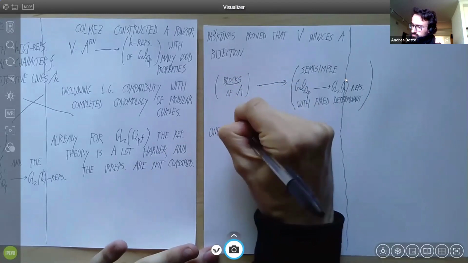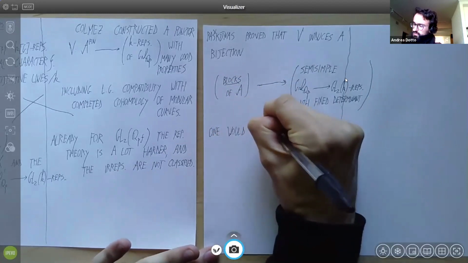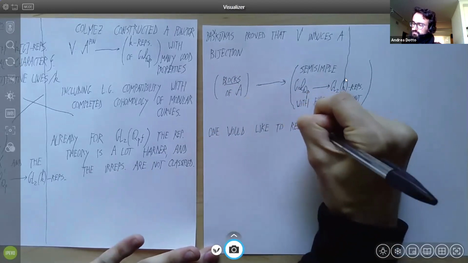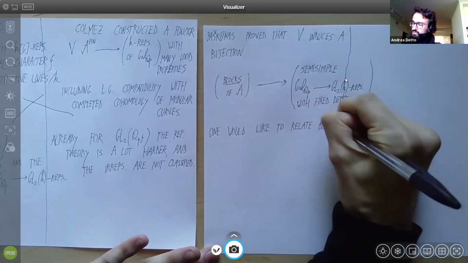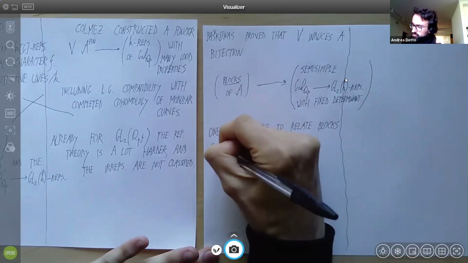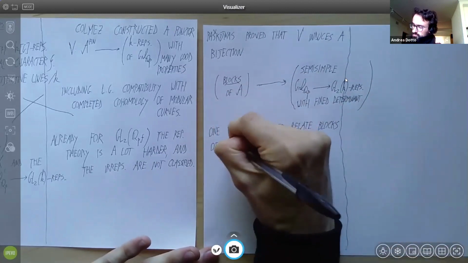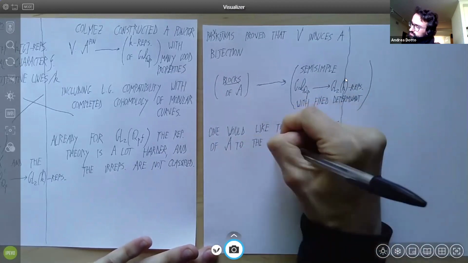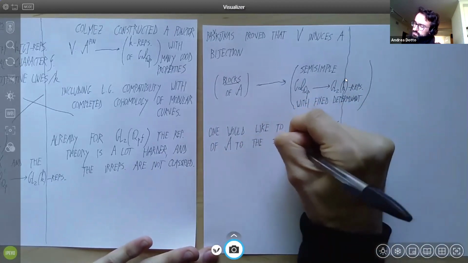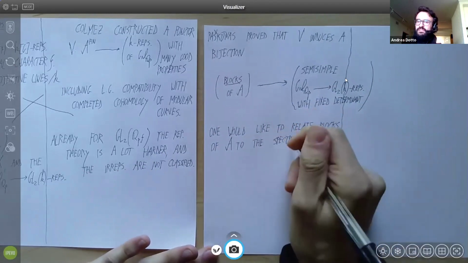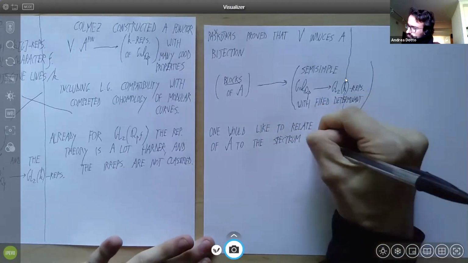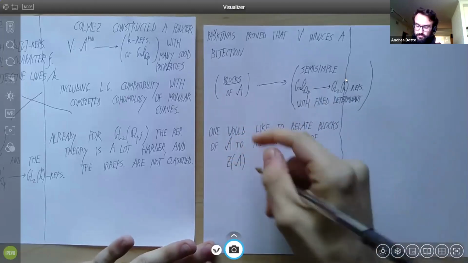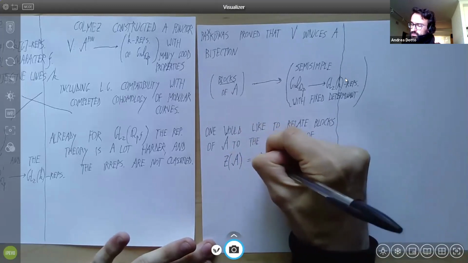So one would like to relate the blocks of A to another invariant of A, namely the spectrum of the Bernstein center. Really, here I'm in the maximal ideal spectrum. So to the spectrum of a certain commutative ring, which is called the Bernstein center of A.